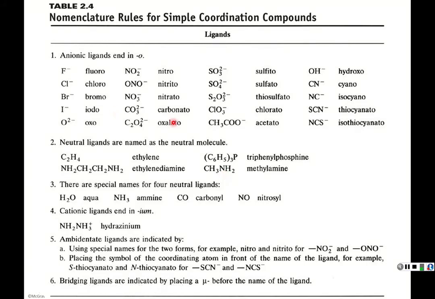Anionic ligands are shown here, and remember you add o to the end of those. Some neutral ligands like ethylene and ethylenediamine, especially ethylenediamine, seem to be a common one in this class. Some special names like aqua for water, and I think that's really what I wanted to point out on this slide.